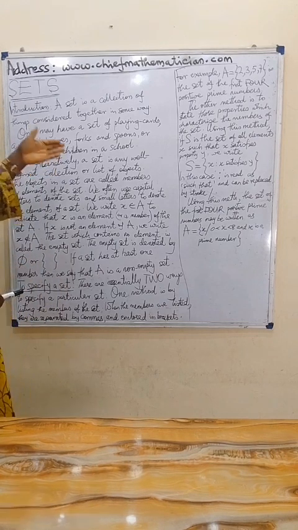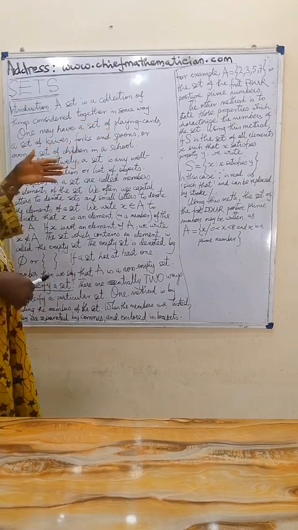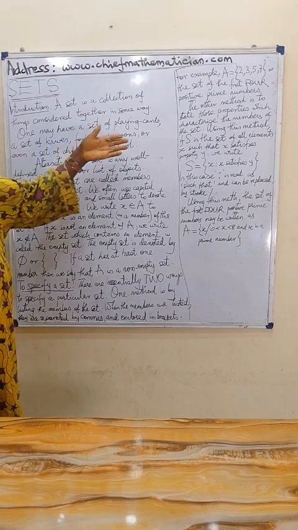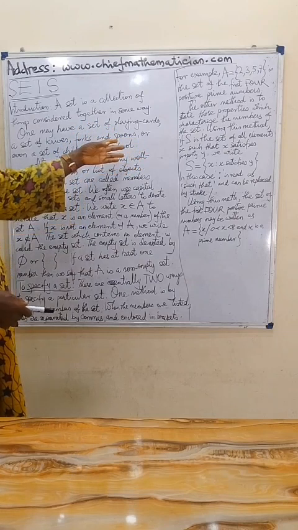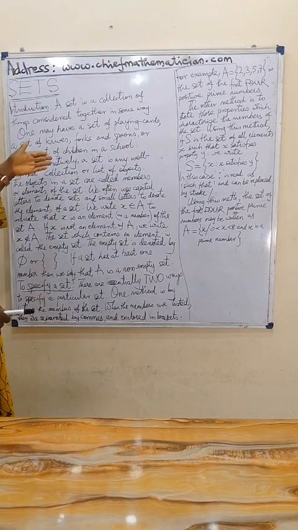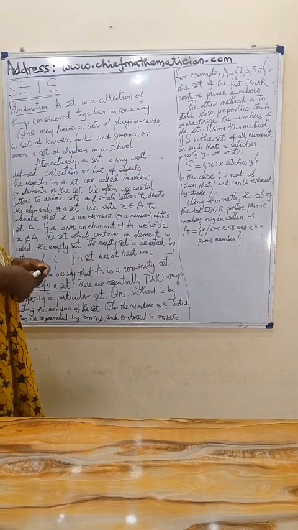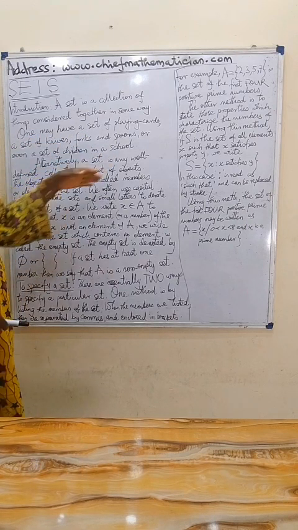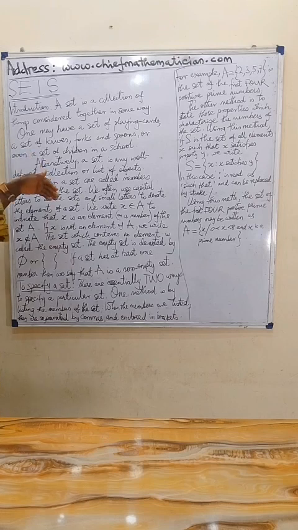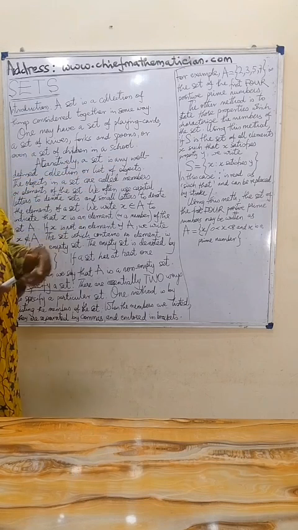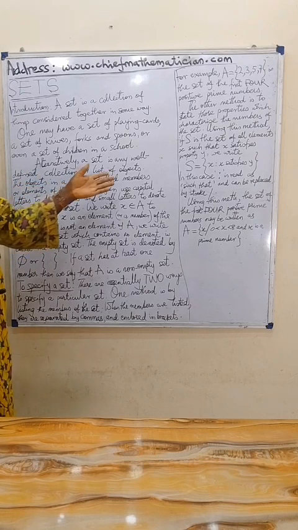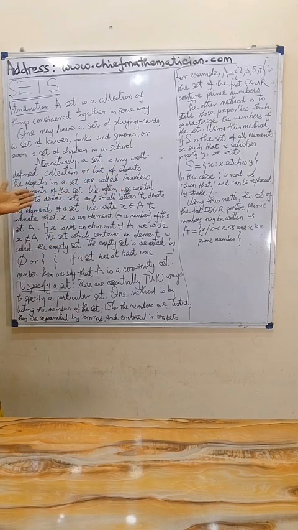One may have a set of playing cards, a set of knives, forks, and spoons, or even a set of children in a school. Alternatively, a set is any well-defined collection or list of objects. The objects in a set are called members or elements of the set.